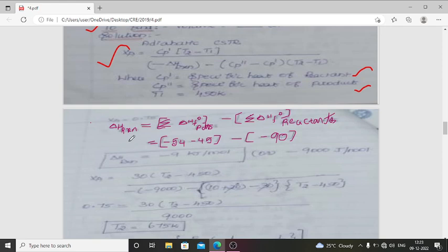So what is the formula? Delta H reaction is equal to the summation of standard heat of formation of products minus standard heat of formation of reactants.